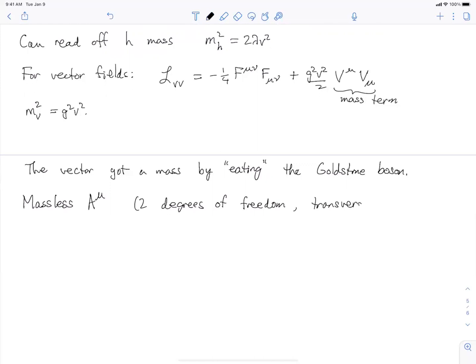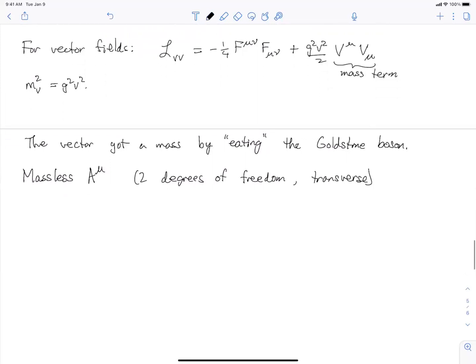There are 2 polarizations for the photon, has become a massive V_mu, which has 3 degrees of freedom, because it's not massless anymore. It's 2 transverse and 1 longitudinal, which you can't have, for example, for a massless photon. Massless photons don't have longitudinal degrees of freedom or longitudinal polarizations, but massive ones do.